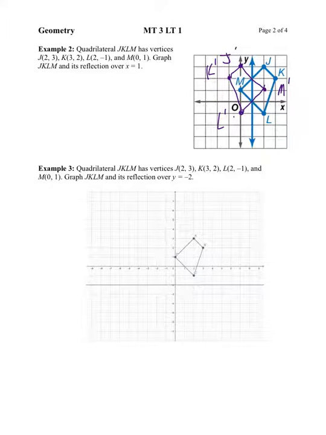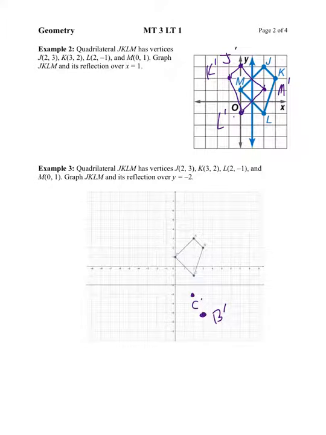I'm going to go 1 more, and here's C prime. B right now is up 2. Well, I have to go down 3, and there we have B prime.